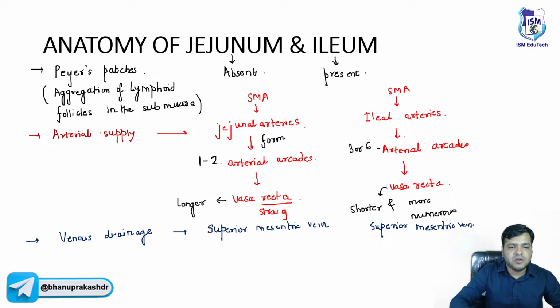Now coming on to the nerve supply before the lymphatic drainage. The nerve supply for both the jejunum and ileum remains the same.